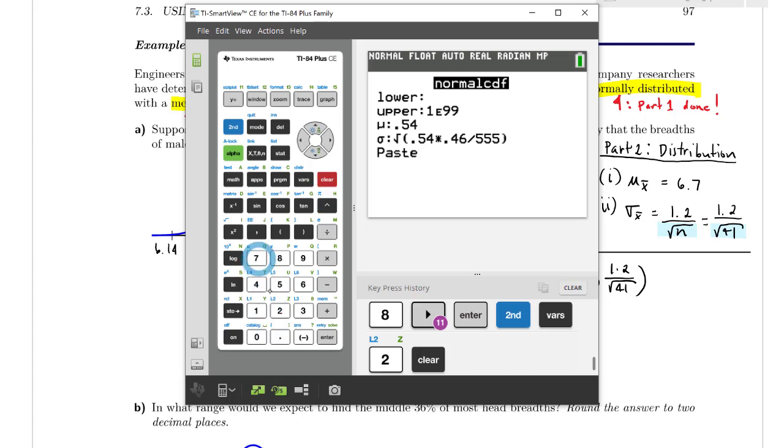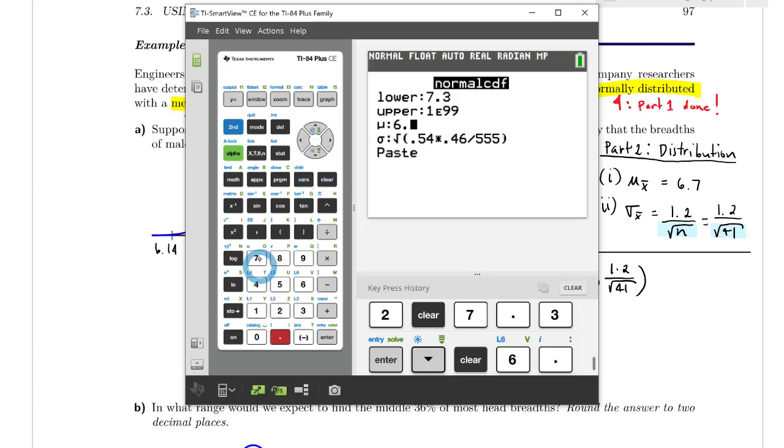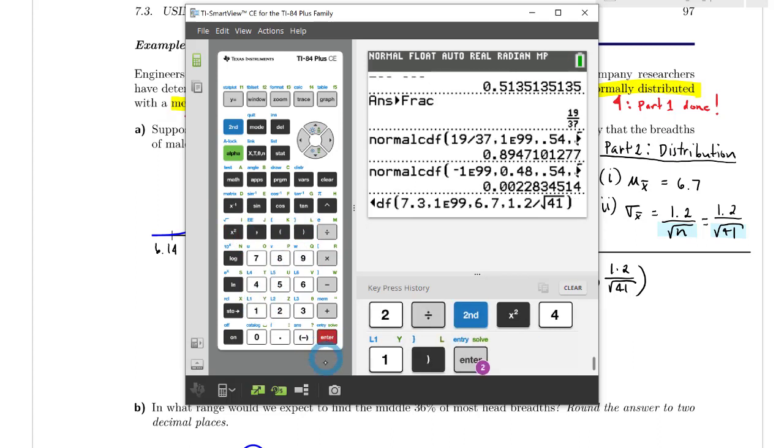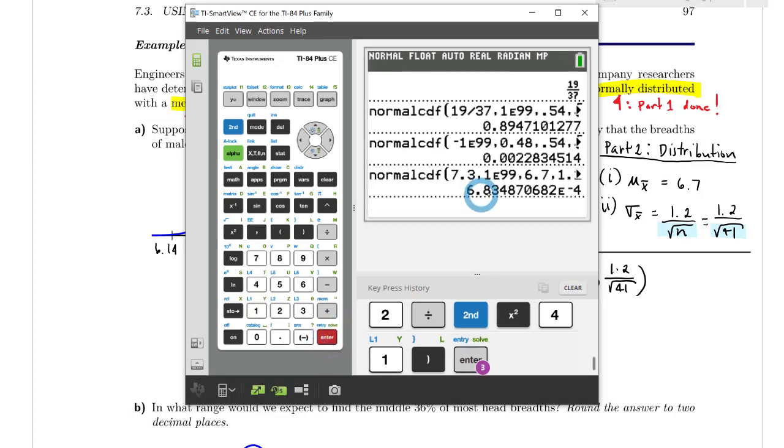The lower was 7.3, upper still is the tail to the right. The mean is 6.7. And here, the standard deviation is 1.2 divided by the square root of 41, the sample size. And we can see here that, again, we have this E to the negative 4. So that means I will have 0.000, and then looking at the next digit 8, it'll be 0.0007.